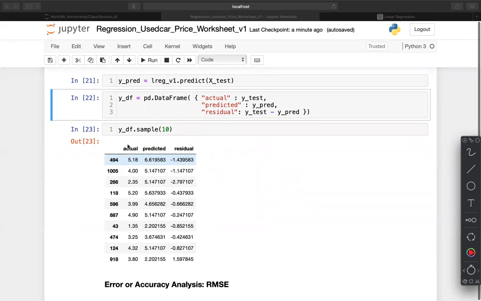So this is actually your yi, the actual value of the car. This is what? This is yi hat, the predicted value of y, which is calculated based on the intercept and coefficient, and this is the residual.